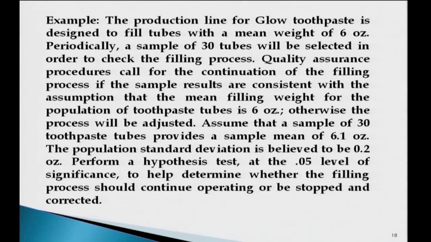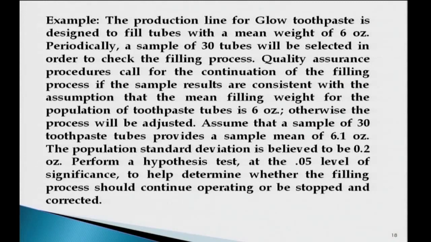So, here what information is given to us? The population mean is expected to be 6 ounce, sample is of size 30, and the sample mean that we are getting is 6.1, standard deviation is 0.2. So, we have to perform hypothesis testing for mean. Now, one thing is important to understand: how many samples we have withdrawn from the population.